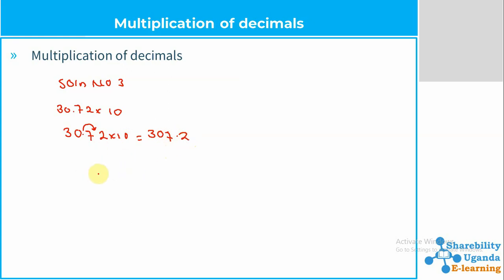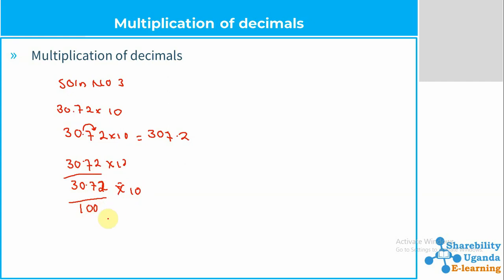Okay, so also if it is using another method, which is 30.72 times 10. Remember, we want to eliminate the point. We shall get 3072 out of 100. Then we multiply this by our 10.